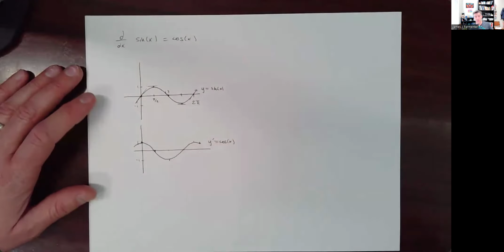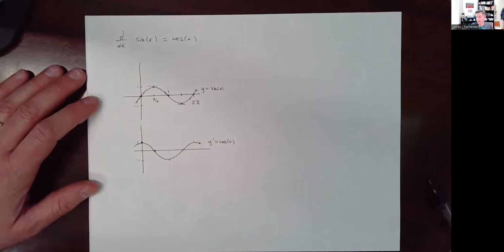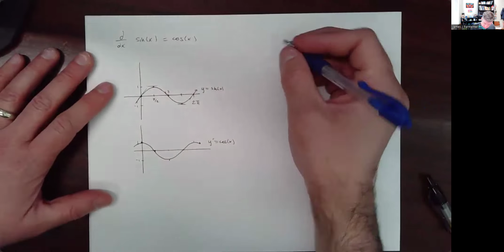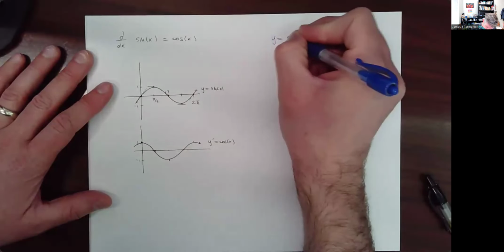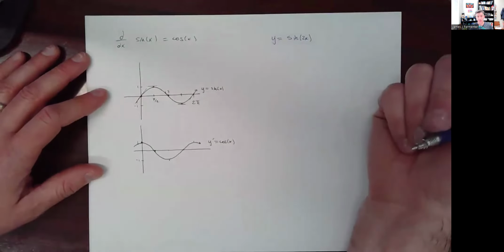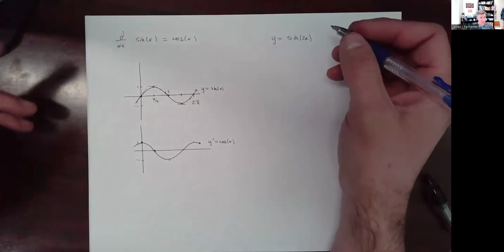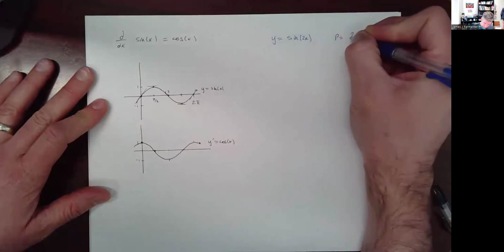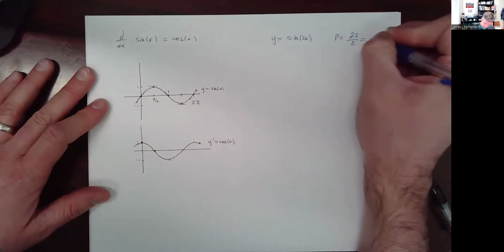Good. Now we're going to look at how we graph sine of 2x. I graph y equal to sine of 2x. I want to point out that all this does to the sine graph is shorten the period. Instead of the period being 2 pi, the period here is now 2 pi divided by 2, which is pi.